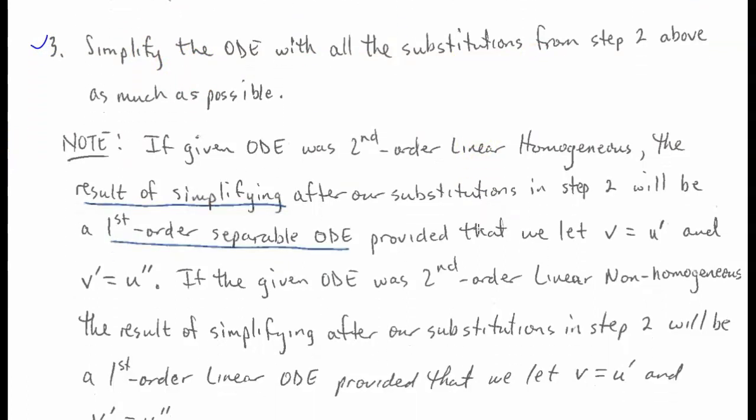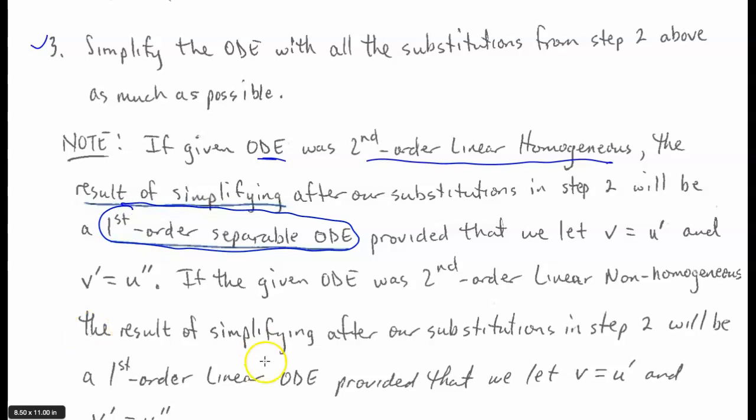And remember here that we said if our ODE was second order linear homogeneous, that the result was going to be a first order separable ODE, okay? And in the equation that we're dealing with, we have a second order linear homogeneous. So I know it should end up looking like a first order separable ODE.